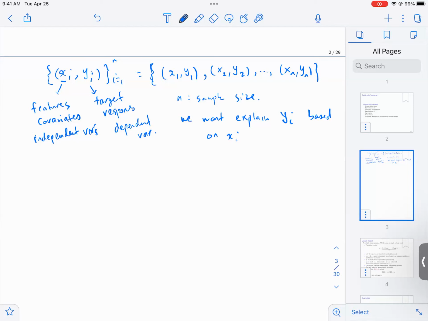If the relation between yi and xi changes for every individual person, that's a little bit more challenging.